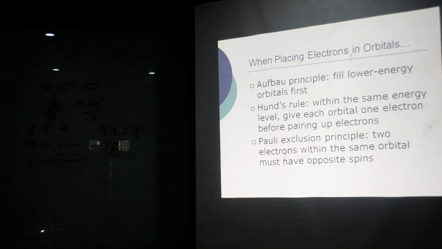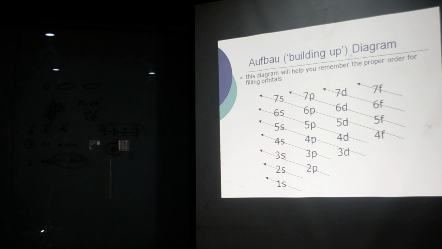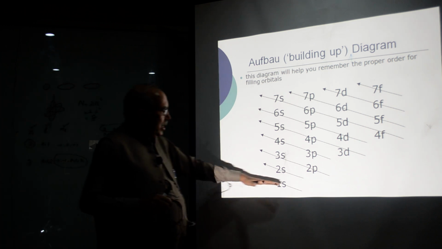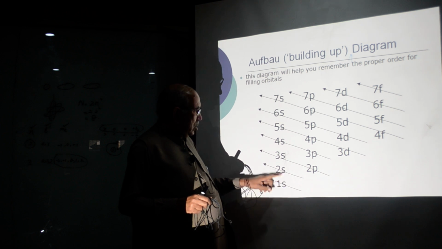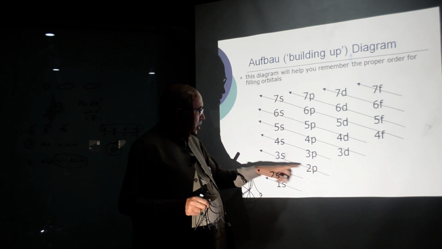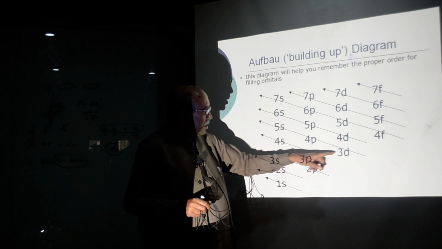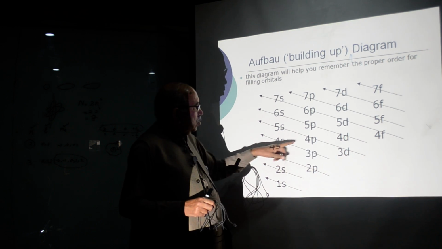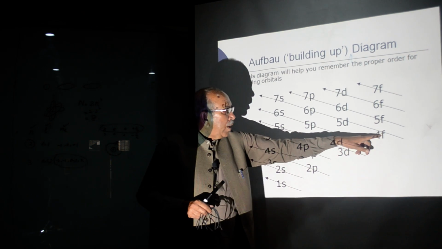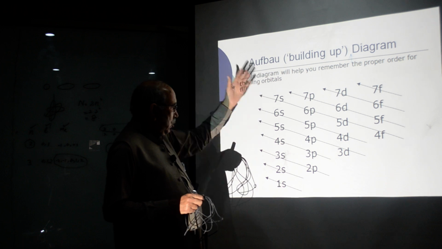Now there is a very famous principle by using which we can write the electronic configuration of an element. You can see here I write like this. I write horizontal lines: 1s2, 2s2, 2p6, 3s2, 3p6, 3d10, 4s2, 4p6, 4d10, 4f14, and so on.